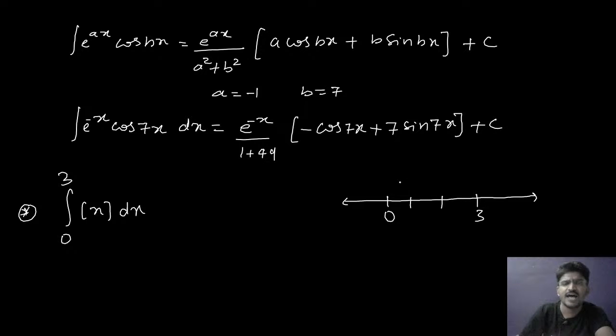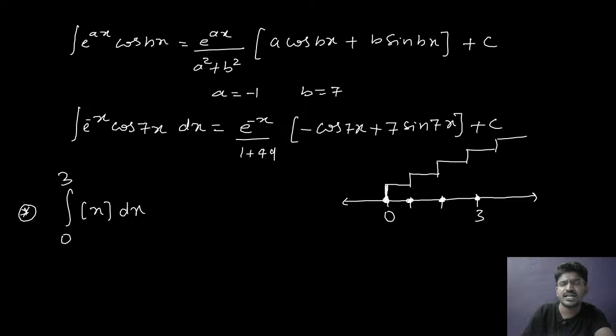As you all know, the greatest integer function has a stepwise graph, and you must also know that whenever the function has a jump at a point, you can't integrate or differentiate at that particular point.